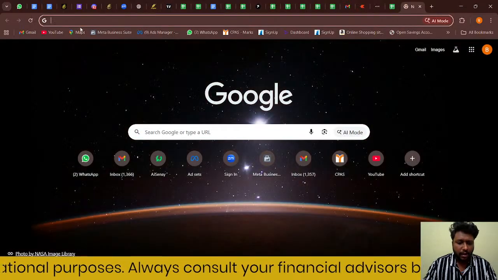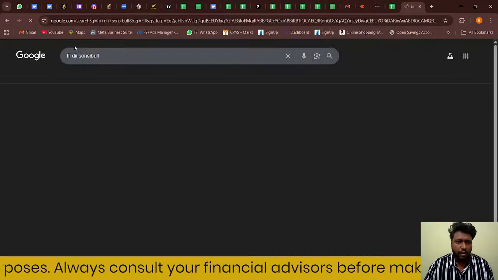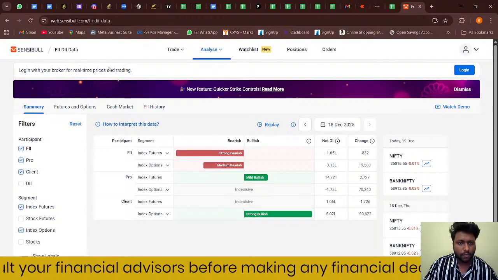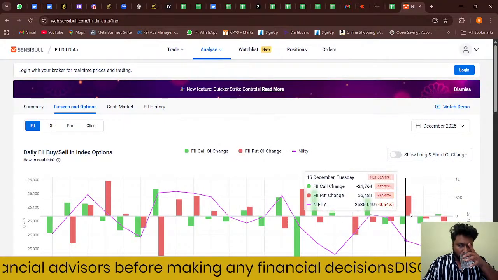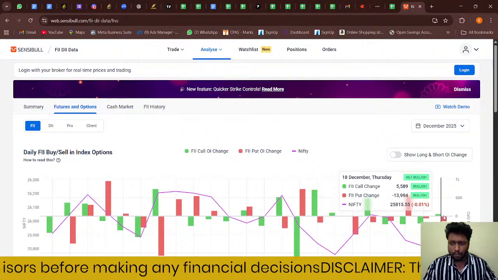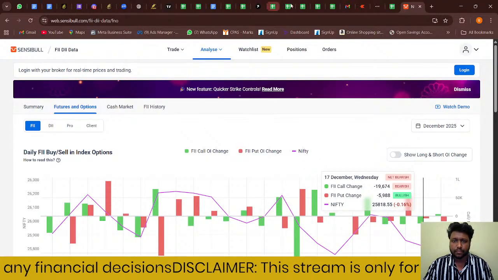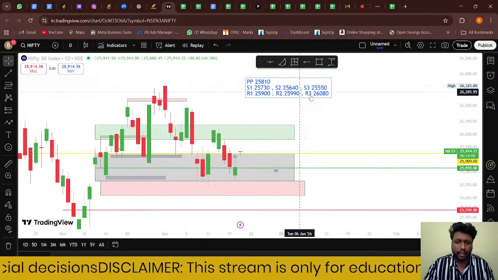And we will check FII F&O data. So it is also net bullish, yesterday closed. So anyway, a slight positive start.